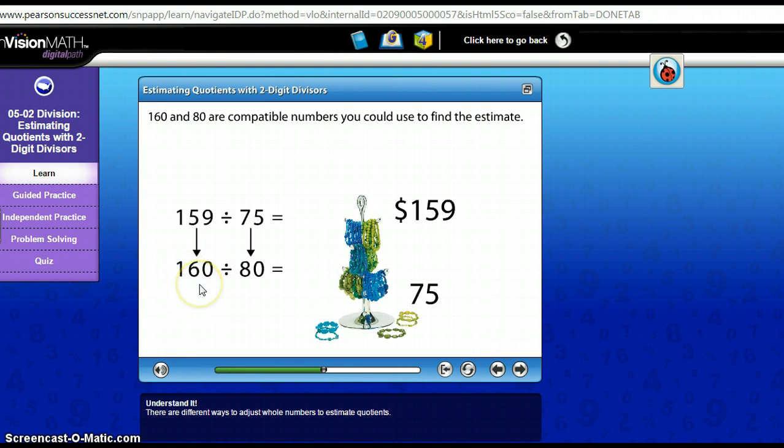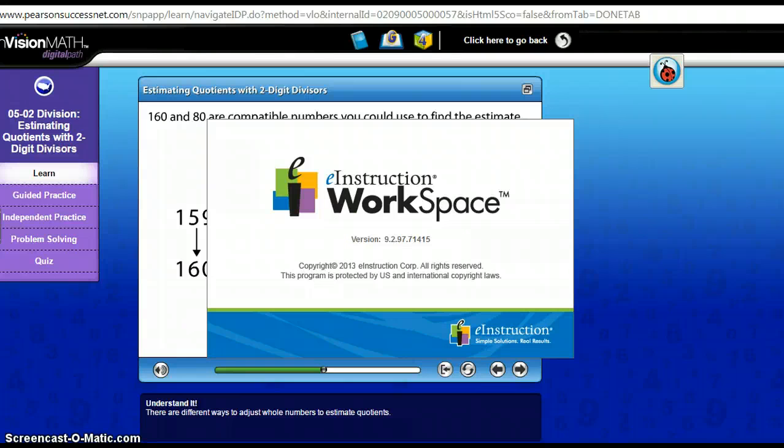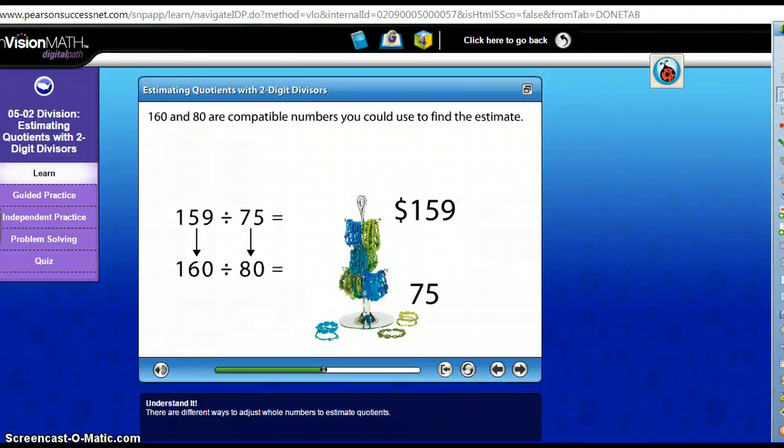2 times. Now, we were having a little bit of trouble on Friday. Sometimes it would cause us some confusion knowing how many zeros to put at the end of our answer. So if we have 80 times 2, 8 times 2 is 16 with 1 zero.